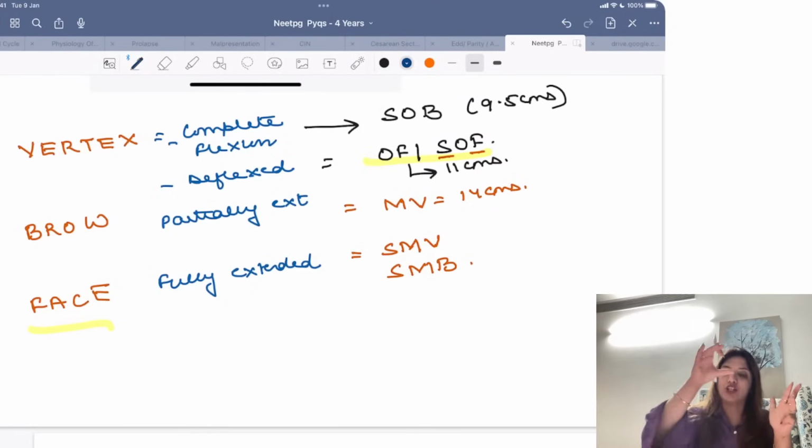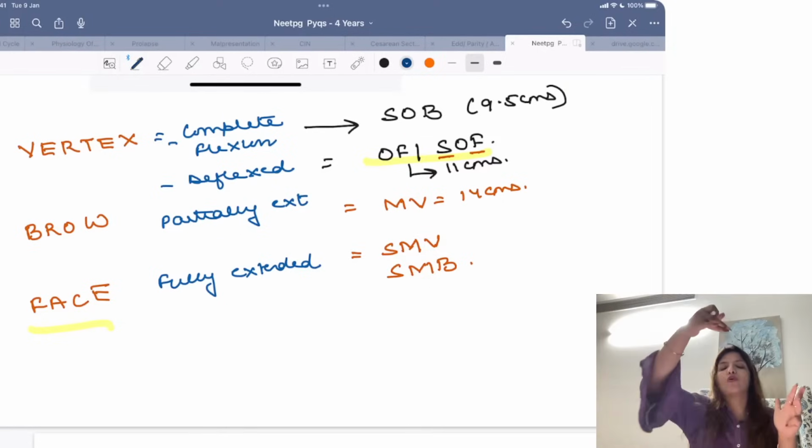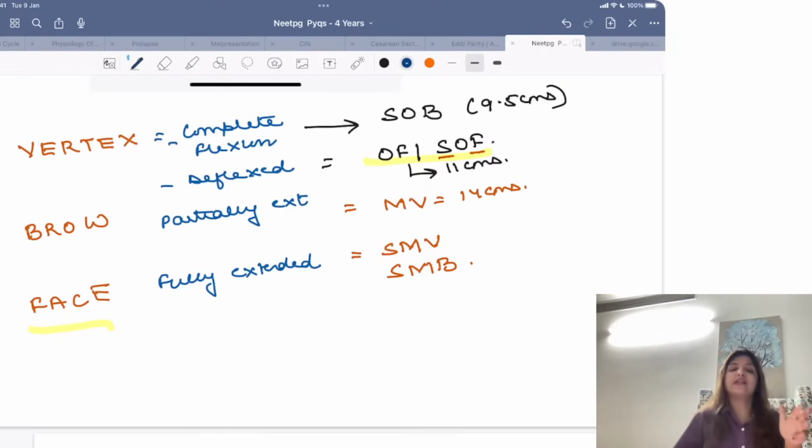And number 4, initially you are going to flex the head of the baby and then you are going to extend, right? So these are the steps which you do to prevent perineal tear in the second stage of labor. Now, what are the steps which WHO does not recommend? WHO does not recommend routine episiotomy and WHO does not recommend fundal pressure, right? Okay.